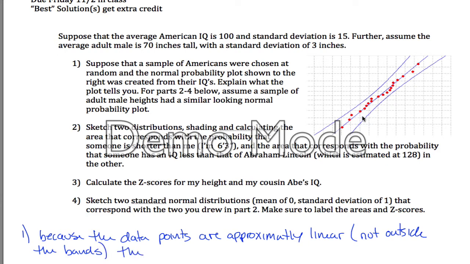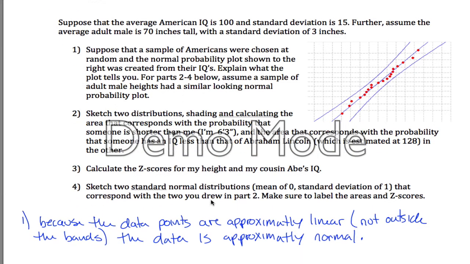If that happens, then what that tells you is that the data is approximately normal. So our data is approximately normal, so we can do calculations using our z-tables. And what it goes on to tell you is that, yeah, that's true for IQ and for height.